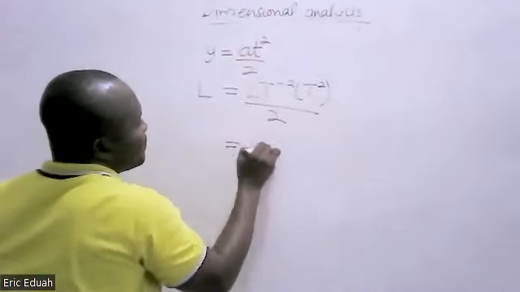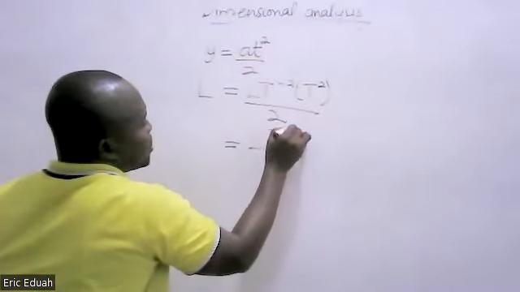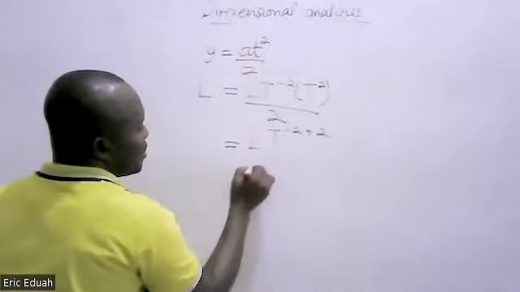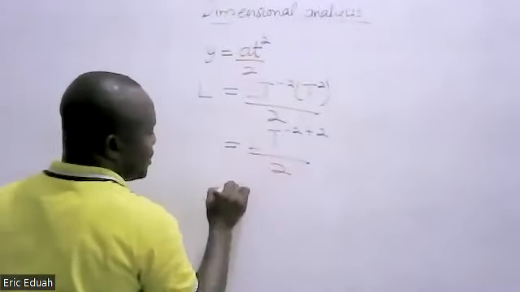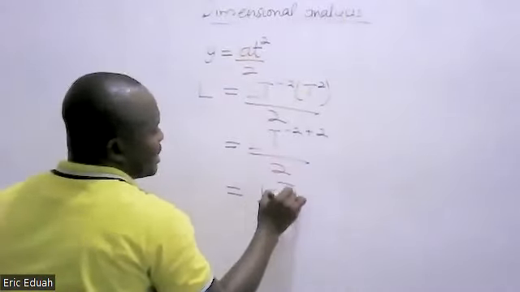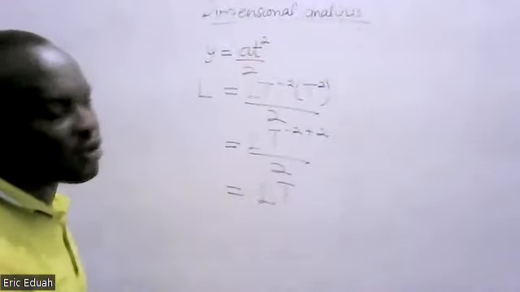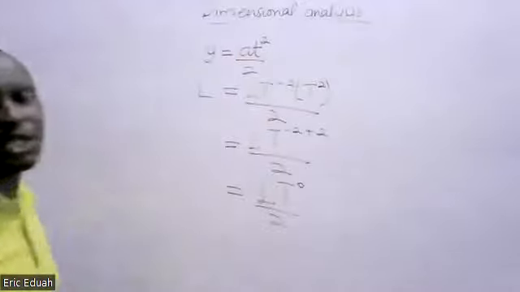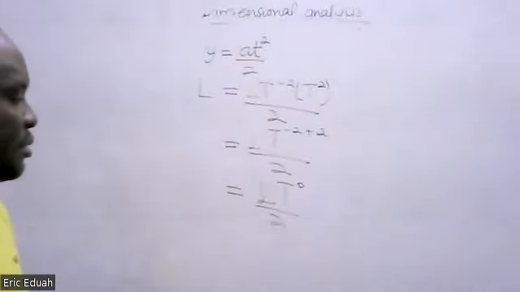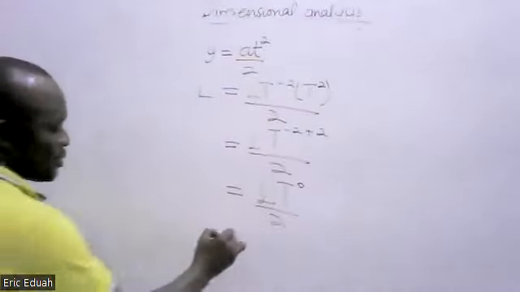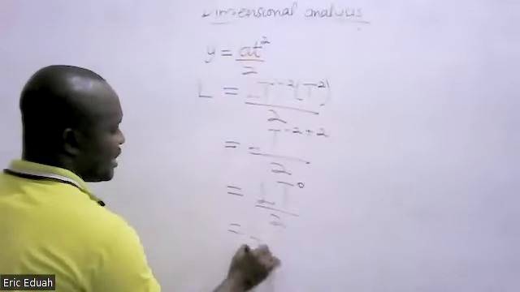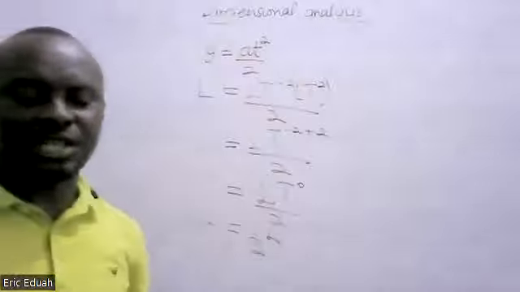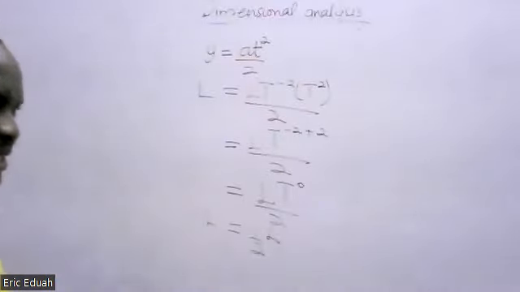So we have L T to the power -2 plus 2, all over 2. T to the power -2 plus 2 is equal to 0. And what is T to the power 0? 1. So what do we have? Half L. Is it dimensionally correct or incorrect?